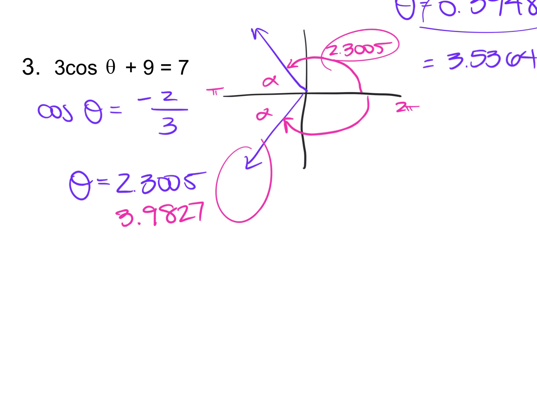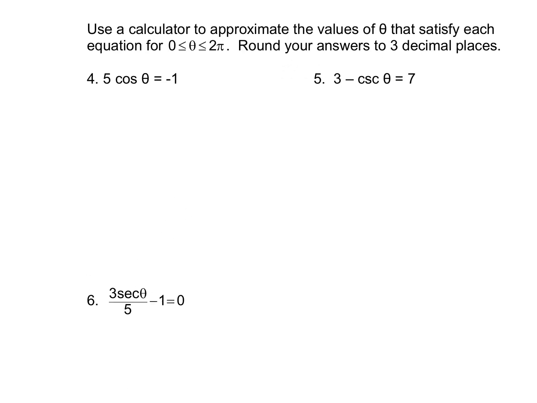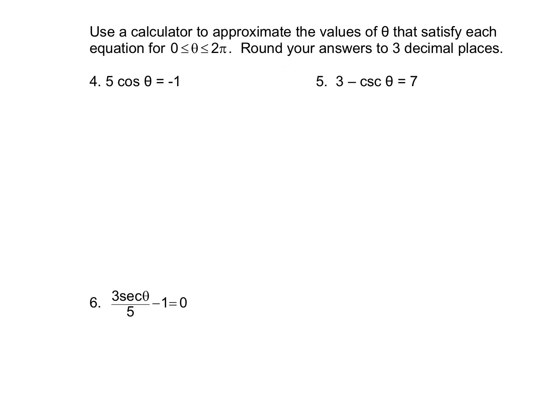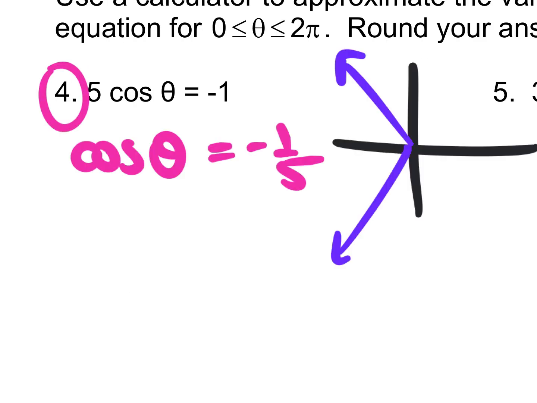Now, before we leave this for today, I would like you to do one of these on your own. Okay? Same process. I think we'll do at least 2 of these, but try question 4 and we'll see how we're doing. My first answer here is 1.7722.